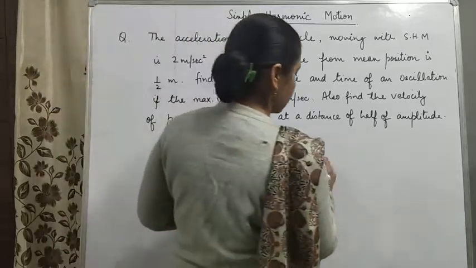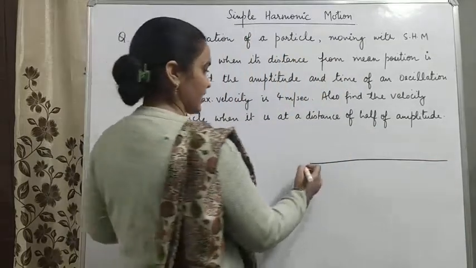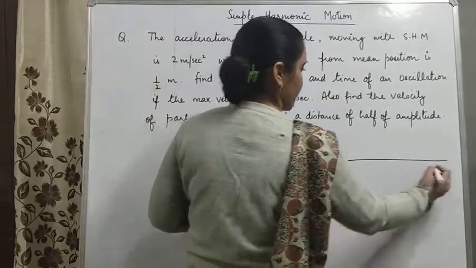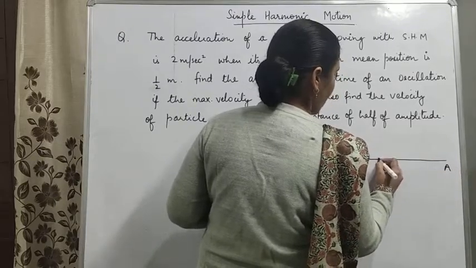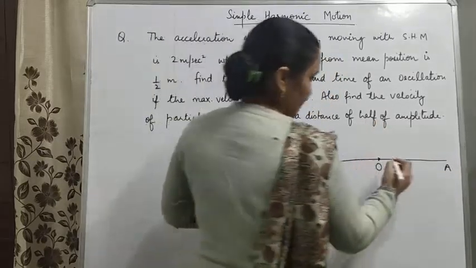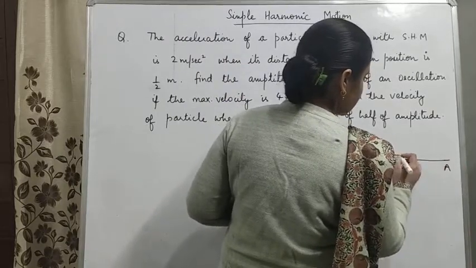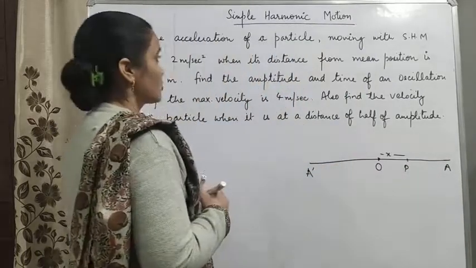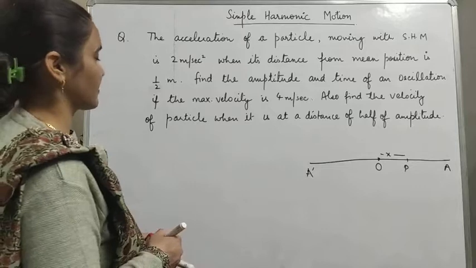You have a particle moving in a straight line, in SHM. This is the extreme position A dash A and this is, let us say, the mean position O. Let us take any point P and this distance is x. What is given to you is the acceleration of the particle moving in SHM.